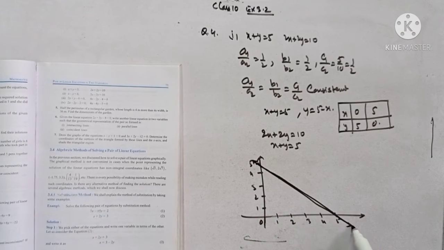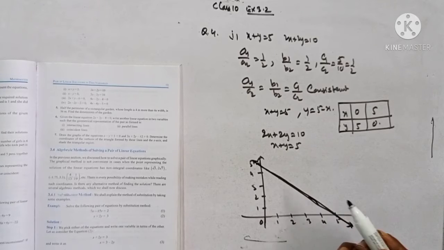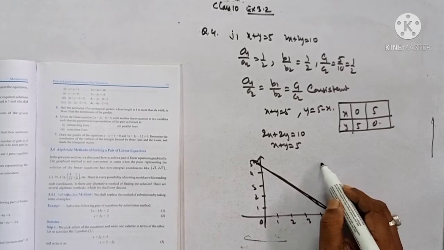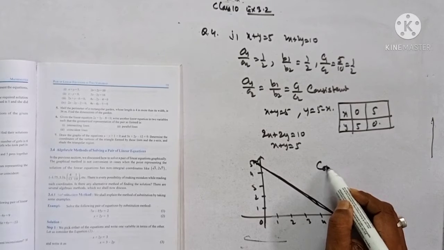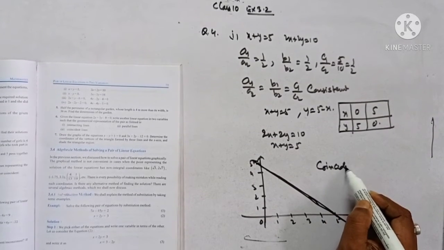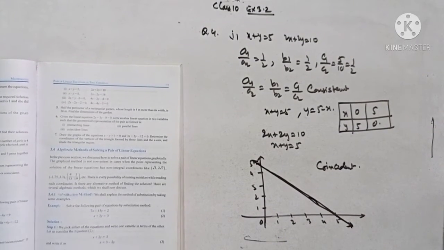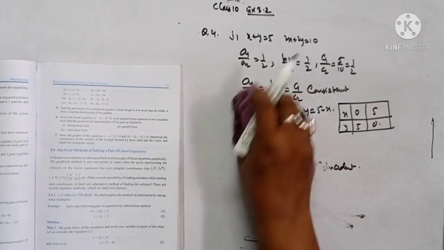So they are coincident. So this is called coincident, and they are consistent. Now I am going to question number 5.